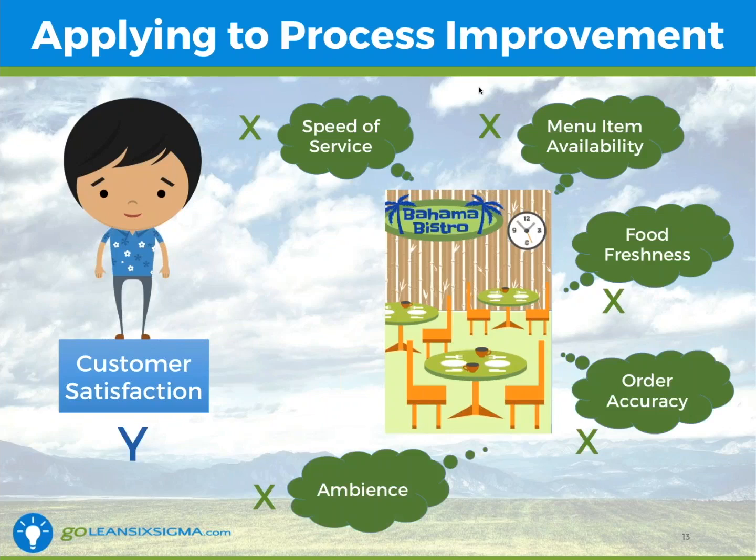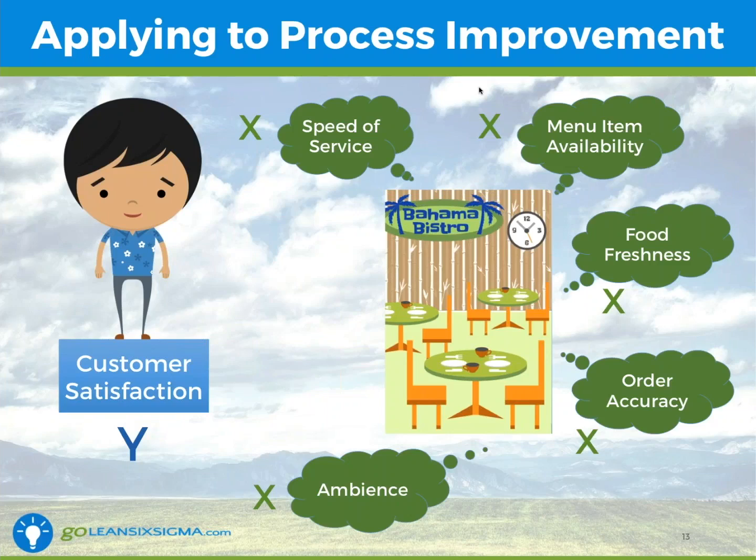And what these are is these are different potential X's, right? We're going to start getting into this pseudo math world where the customer satisfaction, the measurement of how satisfied a customer is, is the Y. That's our output measure. And then the X's are all variables that could drive customer satisfaction up or down.